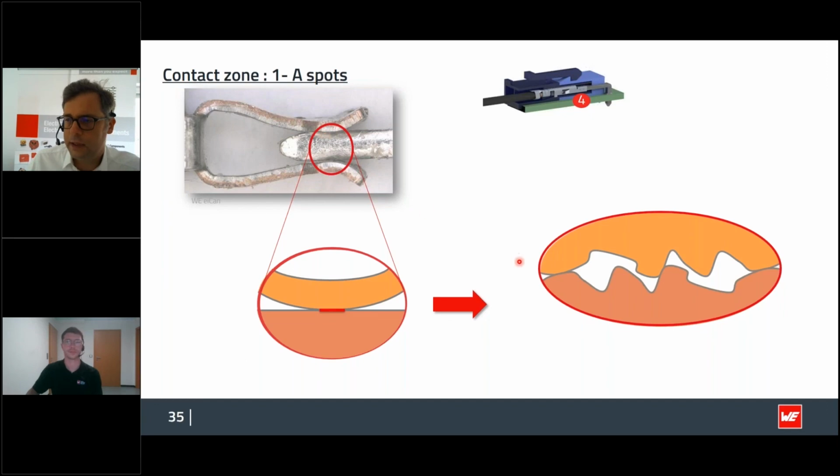These A-spots are the sections or connections between the male and the female part of the contact zone. Through these A-spots, the electrons flow if you apply the voltage or the current.